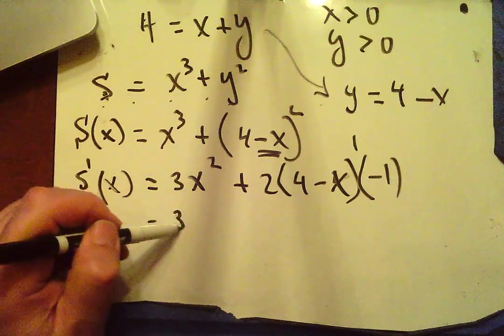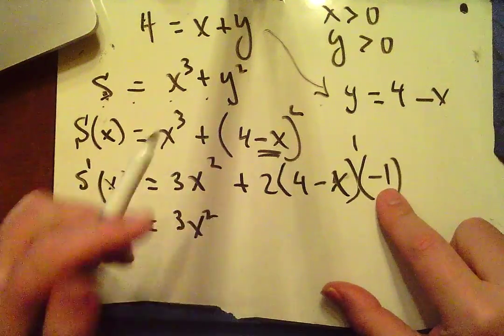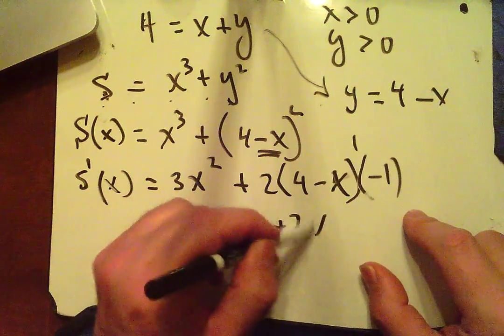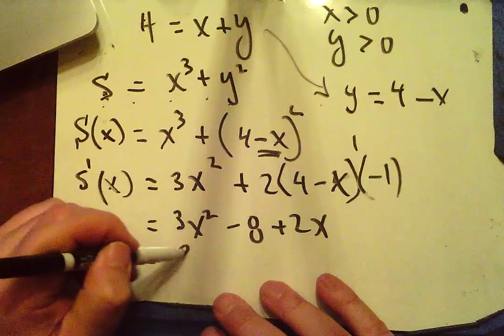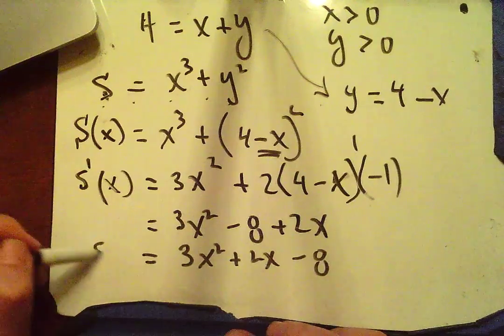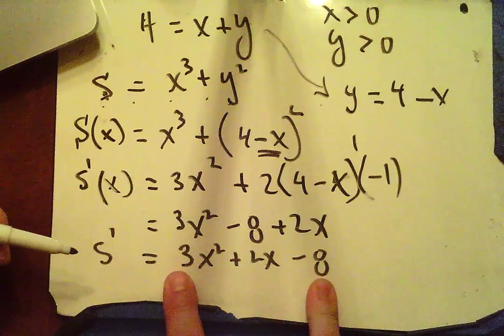Okay, so we've got 3x squared, negative times positive is minus 8, negative times negative is plus 2x. And so we've got 3x squared plus 2x minus 8 is s prime. Does this quadratic trinomial factor?